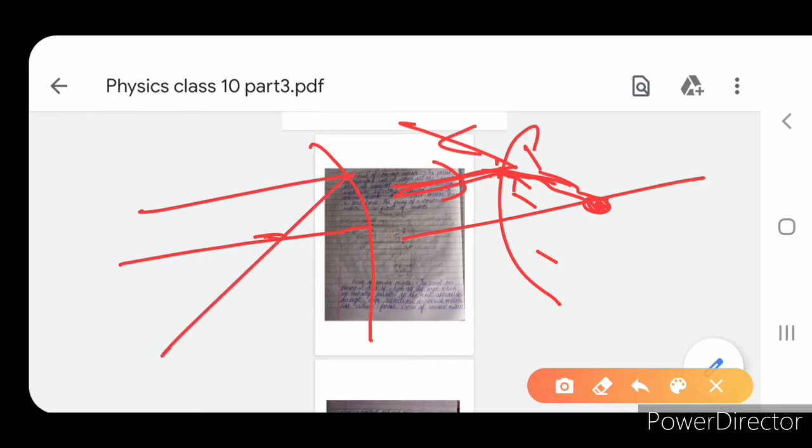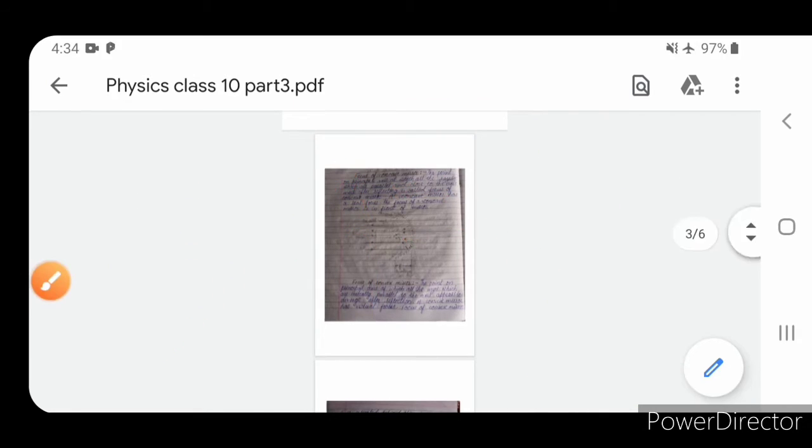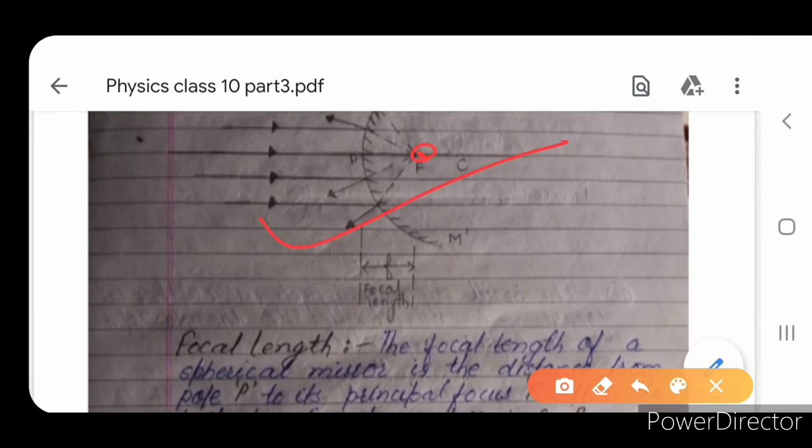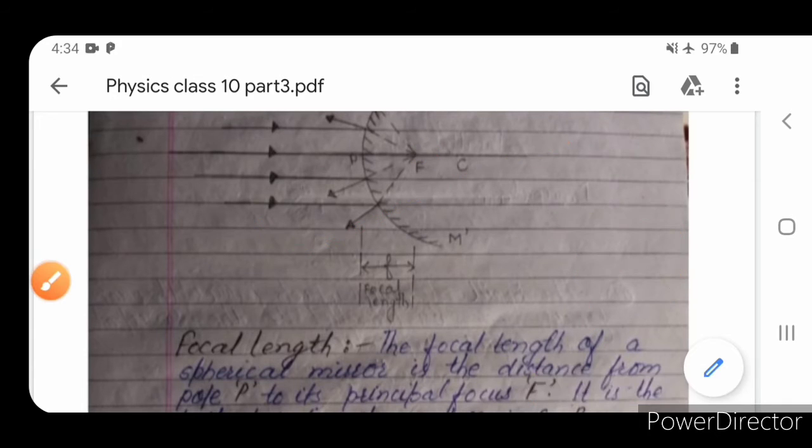In a concave mirror they actually meet, not appear to meet. Now next, the focus of a convex mirror is situated behind the mirror, whereas the focus of a concave mirror is in front of the mirror.